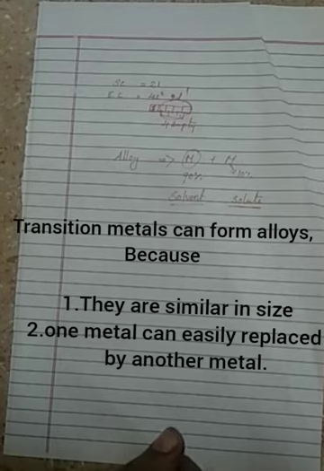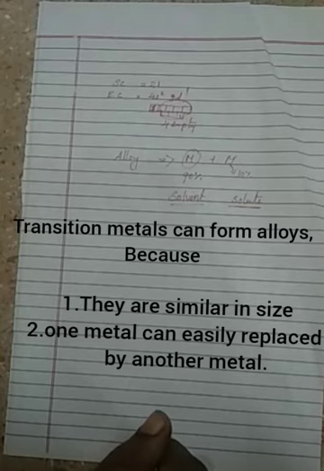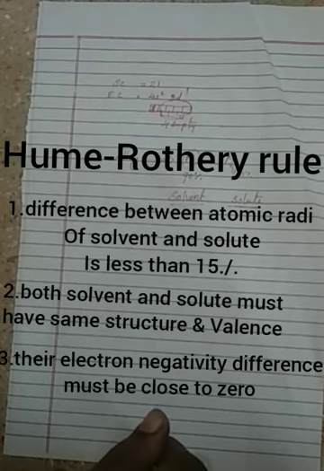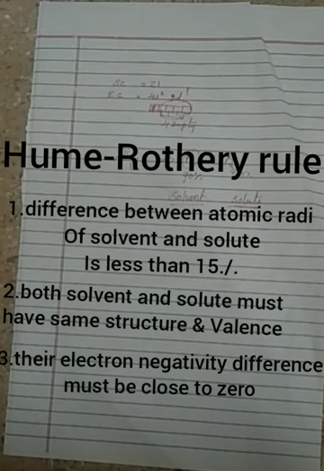Because of these two conditions, all the transition metals form alloys. In this, Hume-Rothery says one rule. If the metals obey this rule, those metals can form alloys.